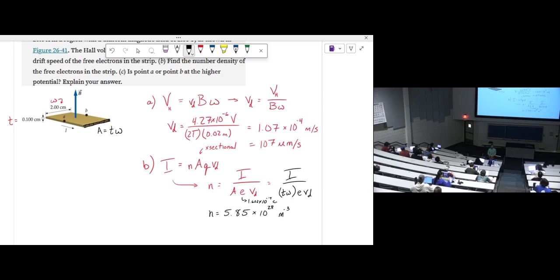They got it backwards because of a common mistake. Is A or B at higher potential? Part C is saying V at point A is less than V at point B, or V at A is greater than V at B.